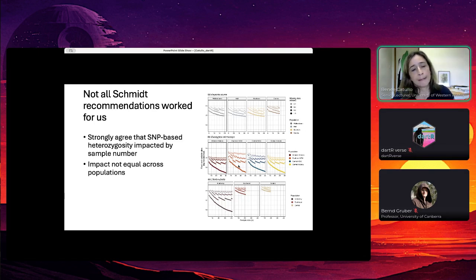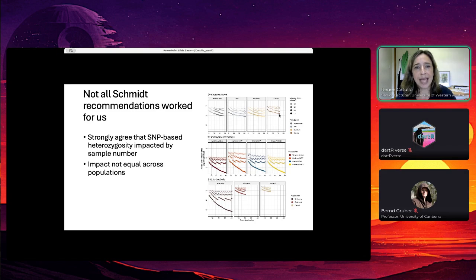So this is from our paper. On the bottom is sample size number. We have three species: a grasshopper, a eucalyptus, and a frog. The color gradient is our missing data allowed, so no missing data is the darkest, and 0.07 missing data is the lightest. And then we have each of the populations for that.